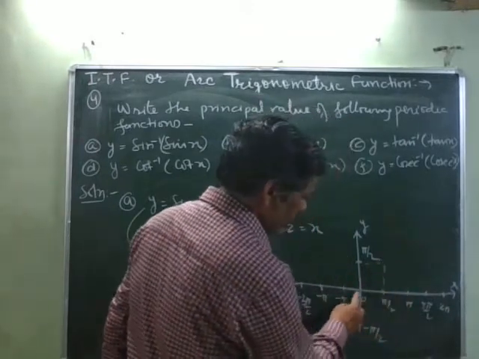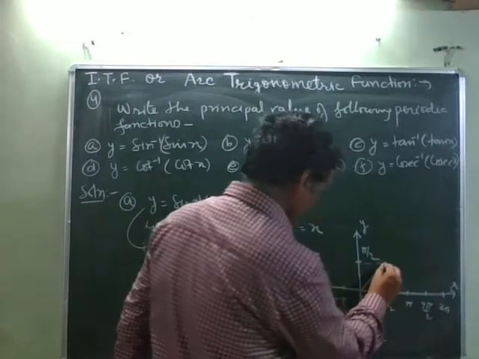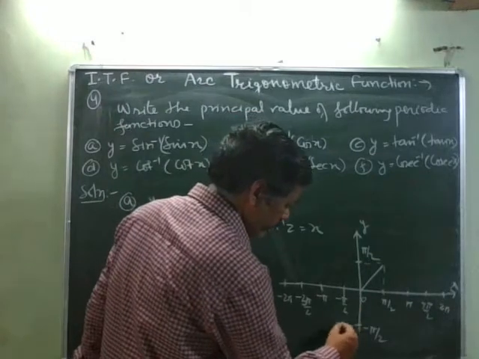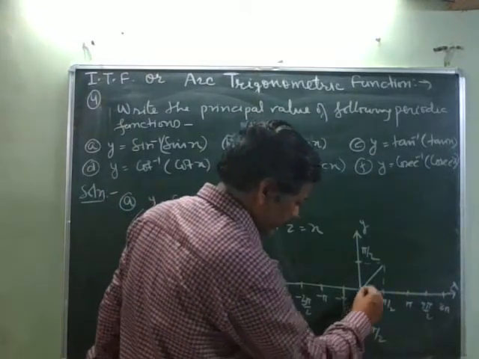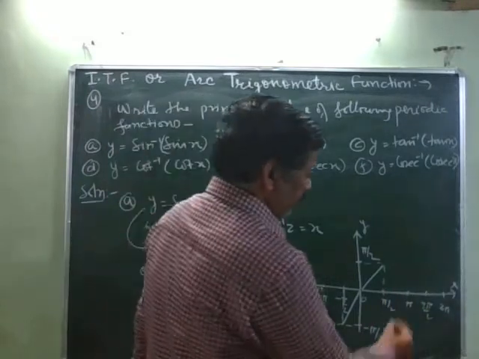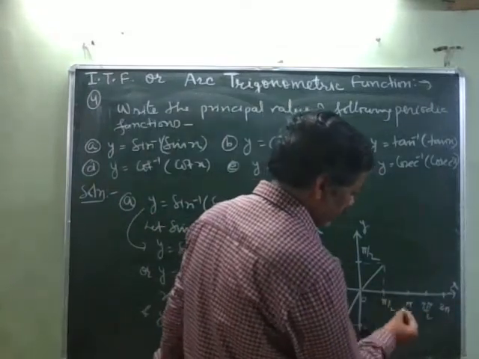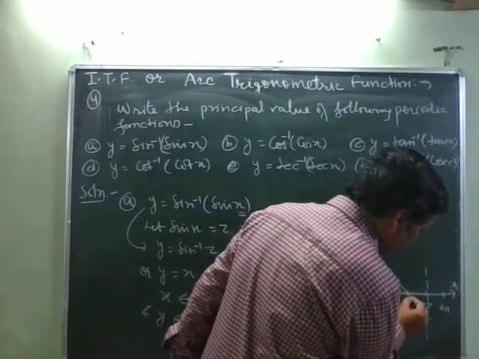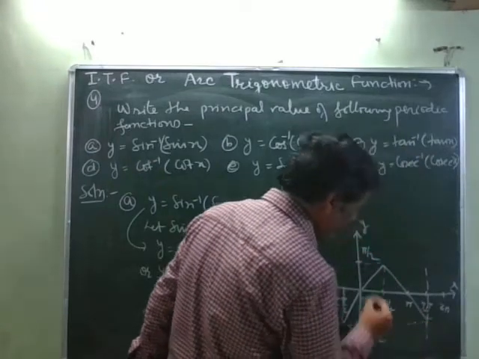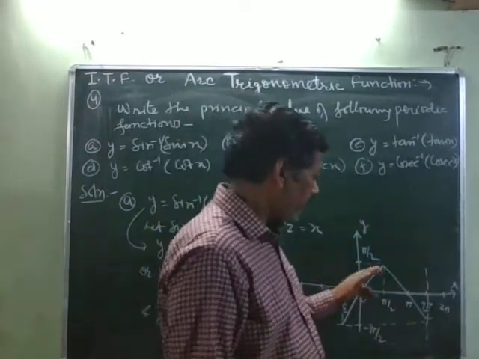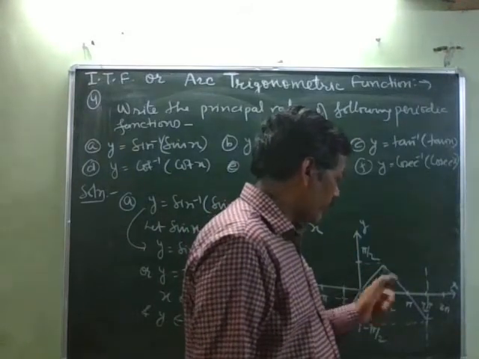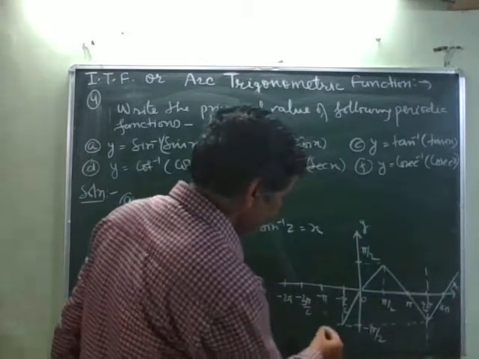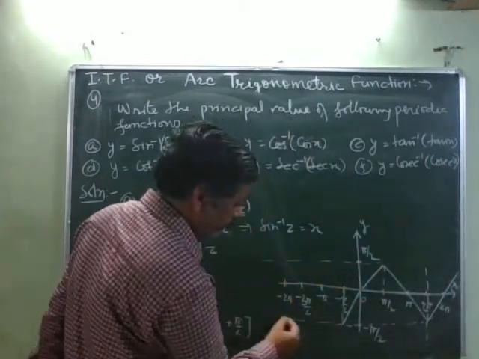For 0 to pi by 2, it is directly equal to x, y is equal to x. And for 0 to minus pi by 2, again this can be said. In the second quadrant, please draw these lines. Sign is positive. Therefore, the graph will go in such a way. And further, it is a repetitive function. It will repeat itself as such.